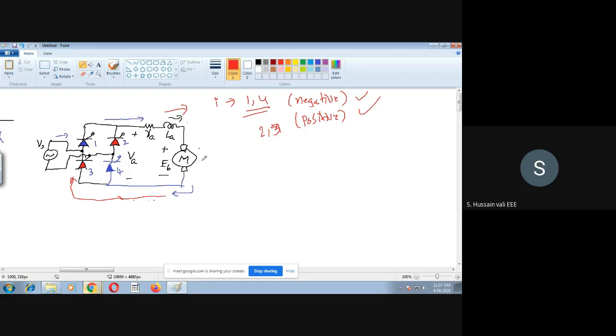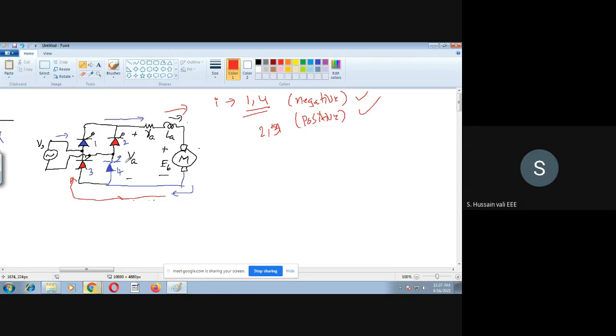As the voltage across 2 and 3 is positive, the current prefers to take the path through 2 and 3, not through 1 and 4. So automatically the current which was flowing in 1 and 4 will take this diversion and flow to 2 and 3 as soon as you trigger 2 and 3.